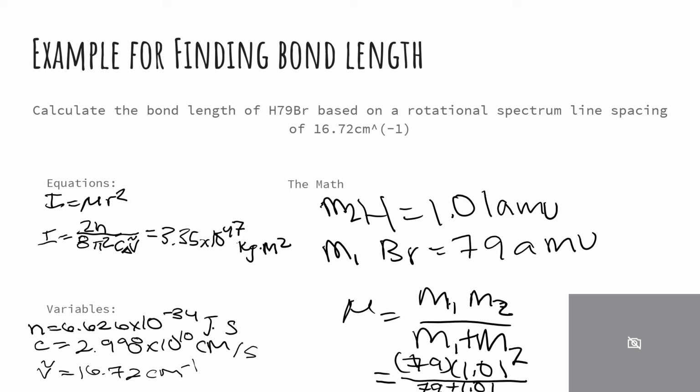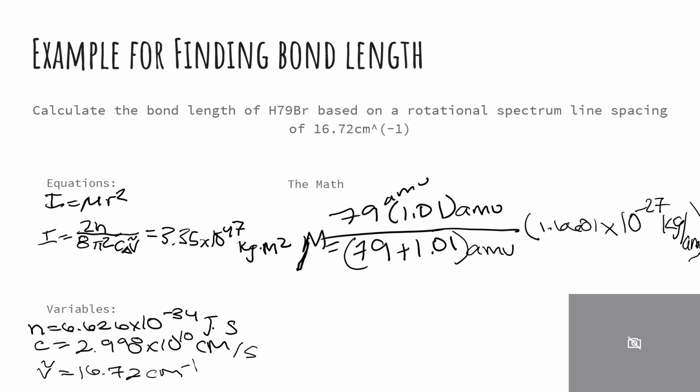And because this is in AMU and we want it in kilograms, we multiply by 1.661 times 10 to the negative 27 kilograms per AMU. So our answer for reduced mass is 1.657 times 10 to the negative 27 kilograms.